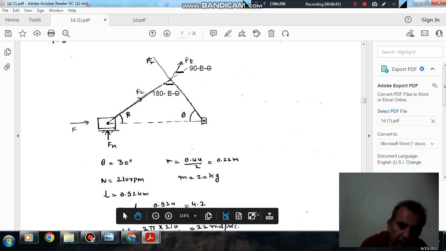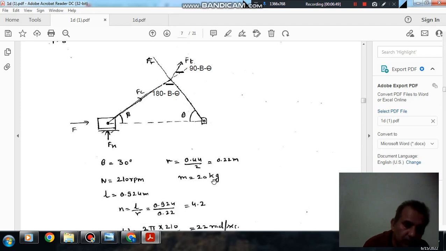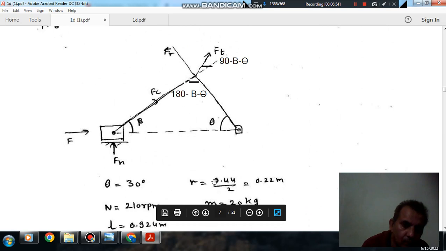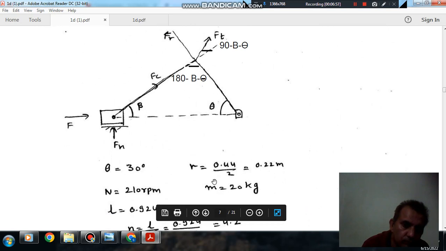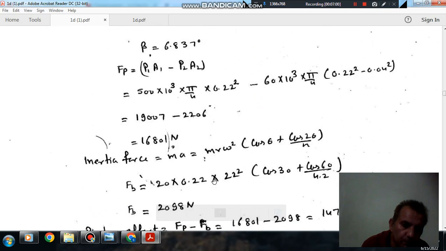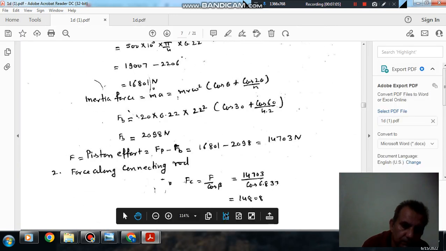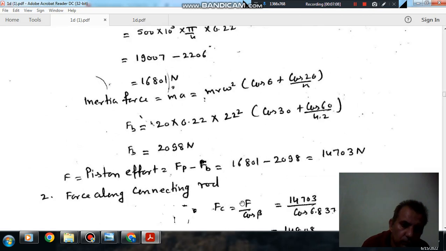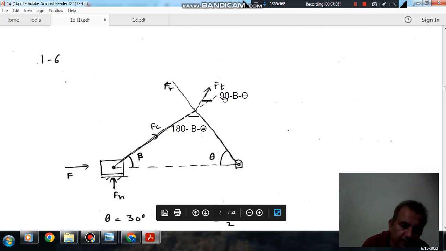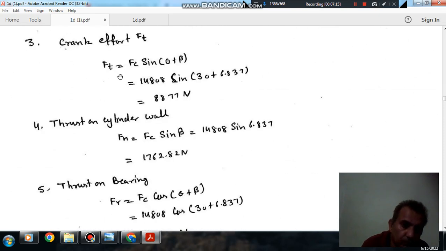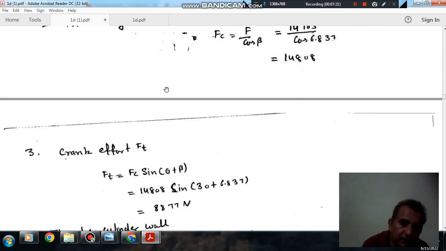Now we have this angle known, and the crank effort will be Fc into cos of this angle.